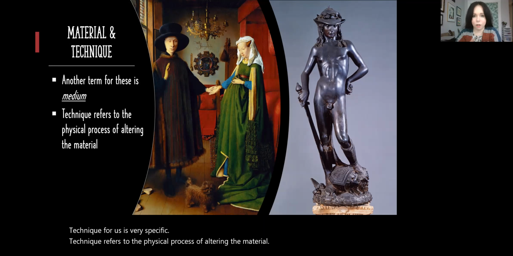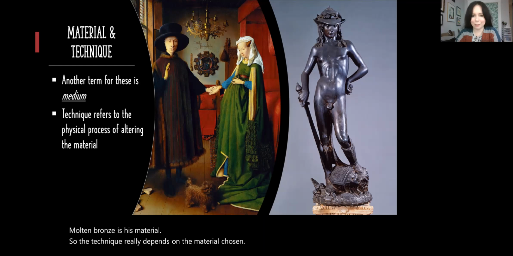So, Jan van Eyck's technique here is painting, and his material is oil paint. On the right-hand side, Donatello's technique is casting. Molten bronze is his material. So the technique really depends on the material chosen.